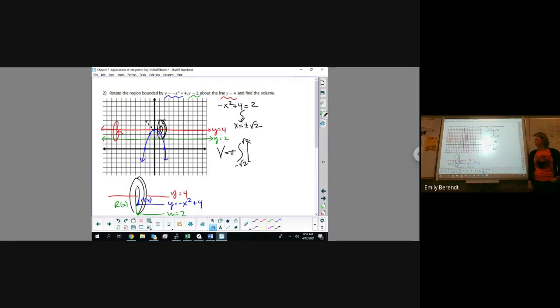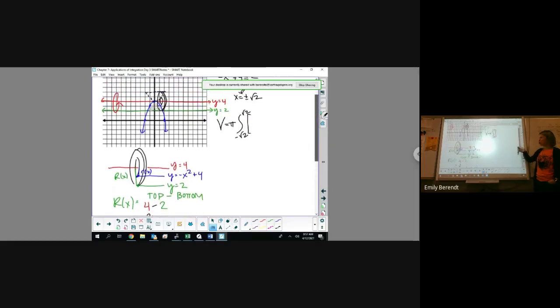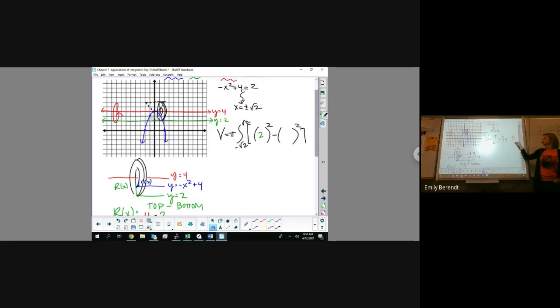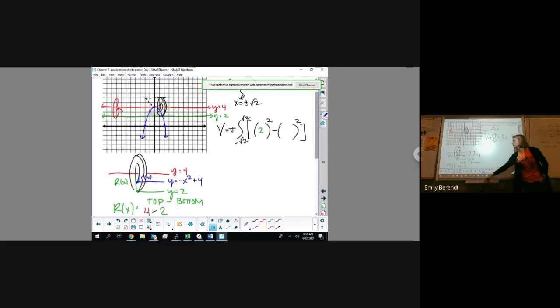Big R of x, this time with my green guy, was 2. So big R of x squared, make sure you have 2 quantity squared, minus little r of x squared, which was just x squared, squared, dx.